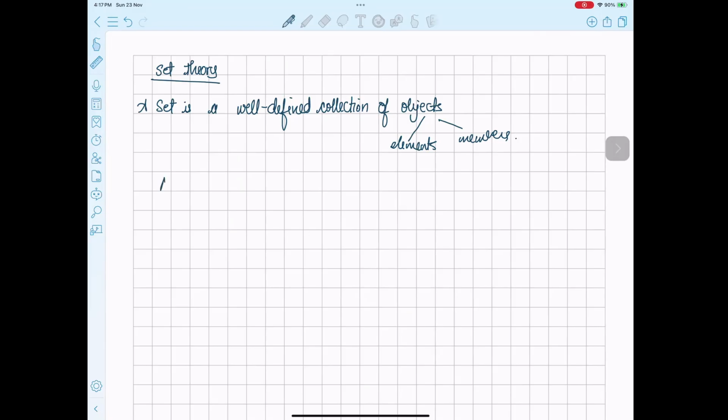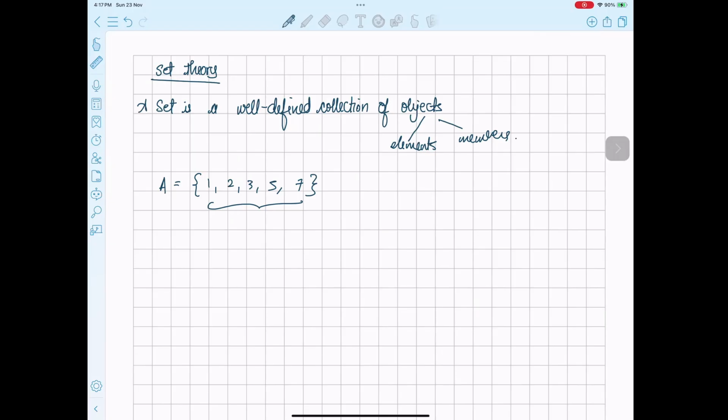So let's say we have a set A, which is defined by a collection of numbers, like this: 1, 3, 5, 7. This is a set because the objects are very clear. It has objects within it, the object being a type of number that we are putting into the set.